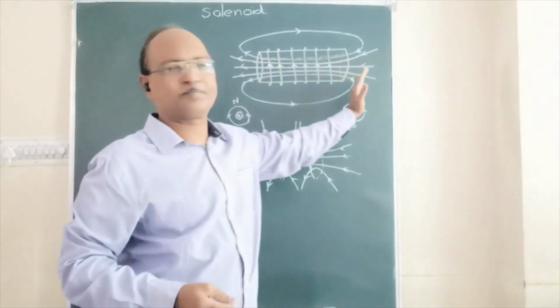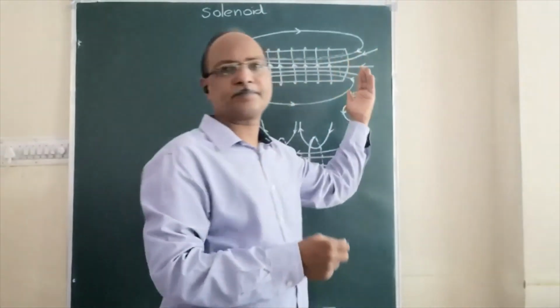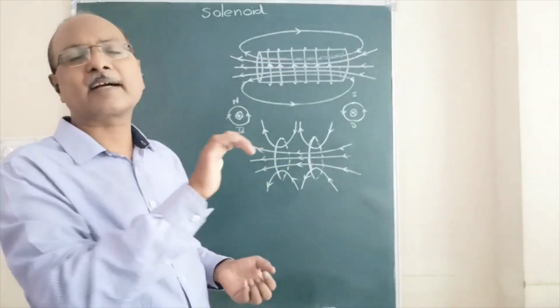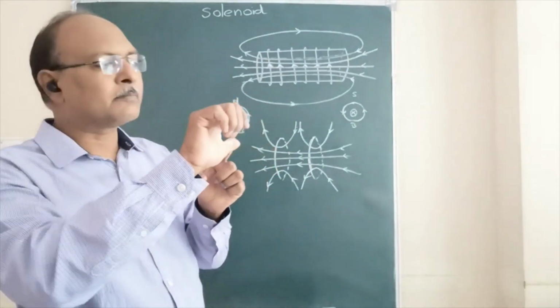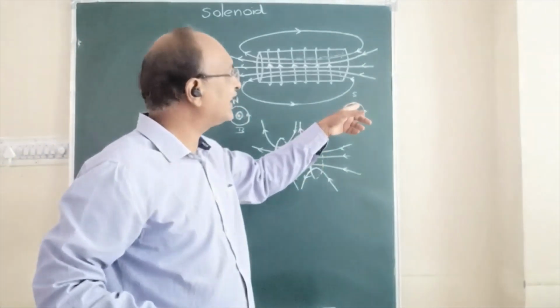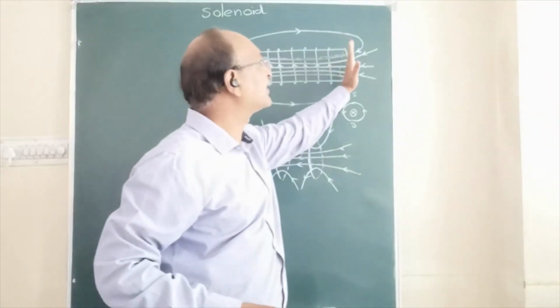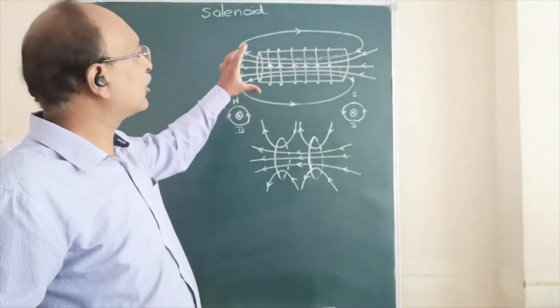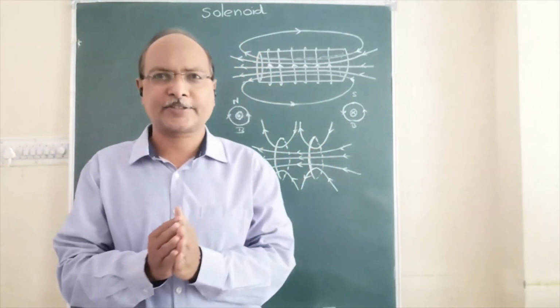Similarly, if you observe from the other side, the current will be in the clockwise direction. When the current is clockwise, the thumb is pointing into the plane, so the magnetic field is into the plane. So this face will act like a south pole. So the solenoid is similar to a bar magnet.